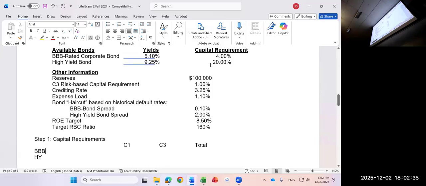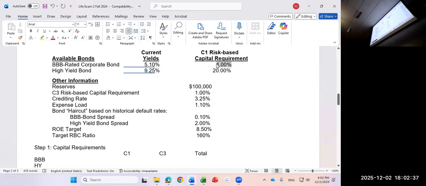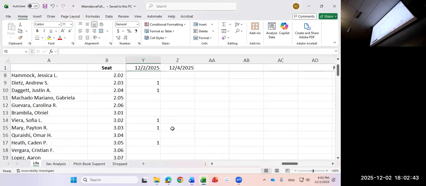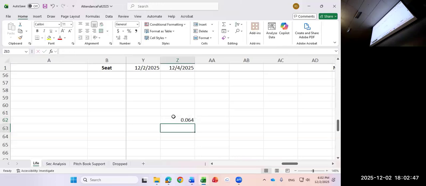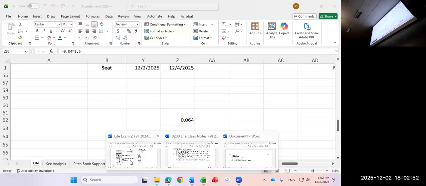So the C1 risk is 4%, but we're going to multiply it by 1.6. 0.04 times 1.6, so I'm getting 6.4, wow, that's bad math, 6.4%.